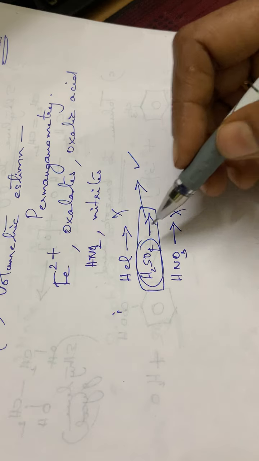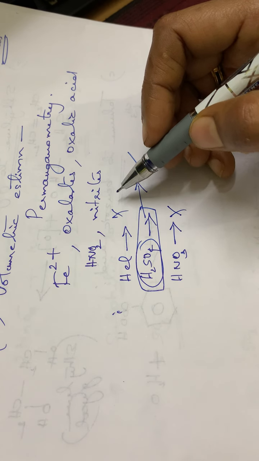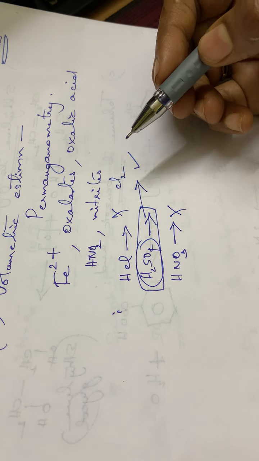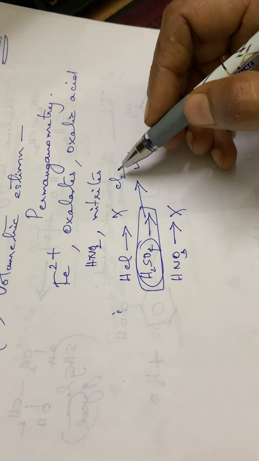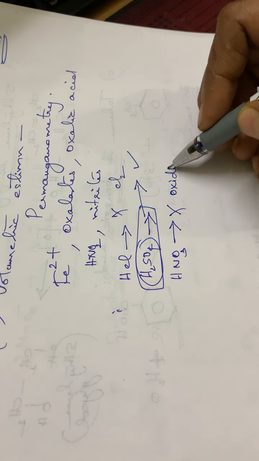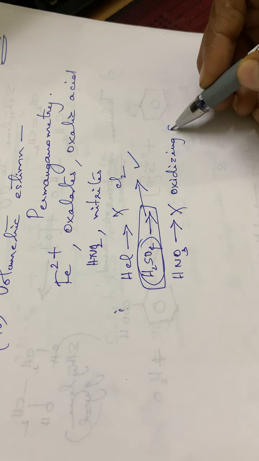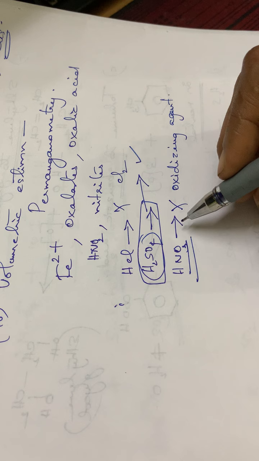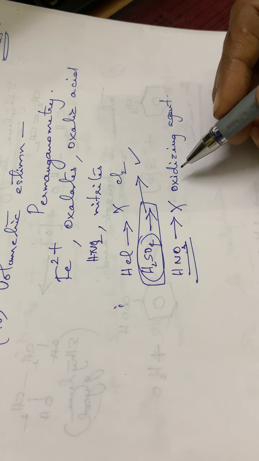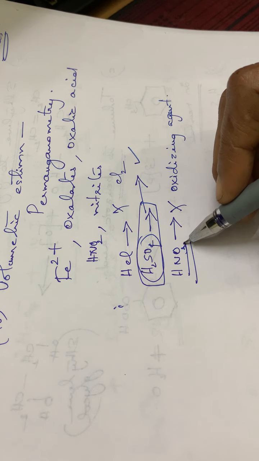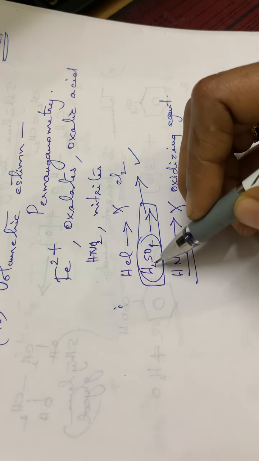If HCl is used, it will be oxidized to chlorine gas, and hence the estimation will go wrong. And if we use nitric acid, nitric acid itself acts as an oxidizing agent, therefore it will affect the reaction. So this reaction cannot be carried out in the presence of nitric acid. That is why we use sulfuric acid.